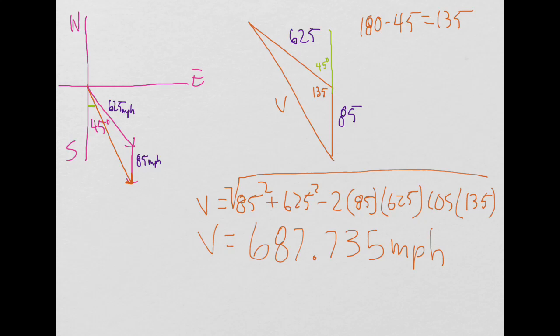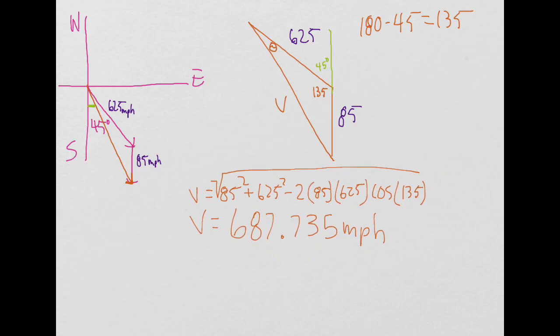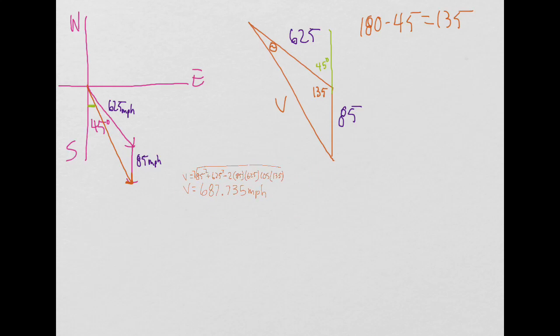So now I'm going to turn my attention to this angle in my triangle, the angle that I labeled theta right there. I need to find that angle so that I can find the true bearing of this plane. So I'm going to make this work go smaller now because we don't really need it as much anymore.